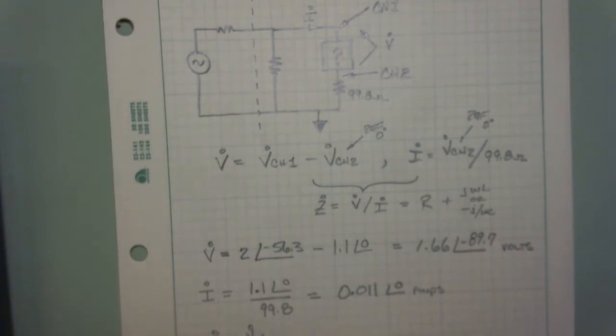So I take 1.66 at minus 89.7 divided by 0.011 at 0, and that turns out to be equal to, what did I have? 1509.6, so I guess we'd call that 1510, at an angle of minus 89.7, or I'm going to do this in a rectangular form, which is going to make a lot more sense.